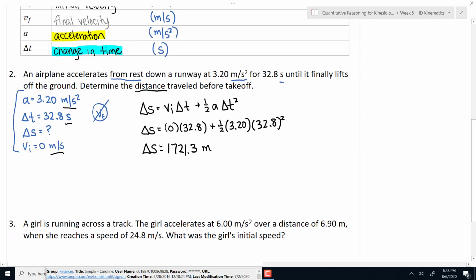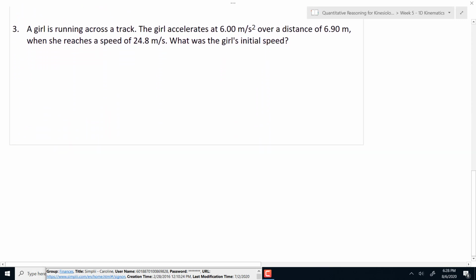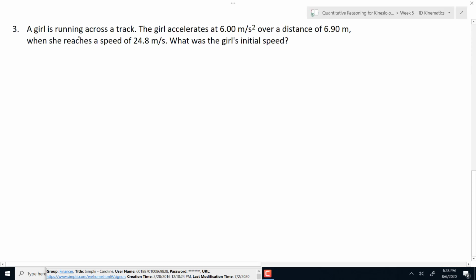All right. So let's move on to question 3. A girl is running across a track. The girl accelerates at 6.00 meters per second squared. So let's write what that is. It's the acceleration. You can tell because it says she accelerates at that acceleration. It also gives us the units meters per second squared, which are the units for acceleration.